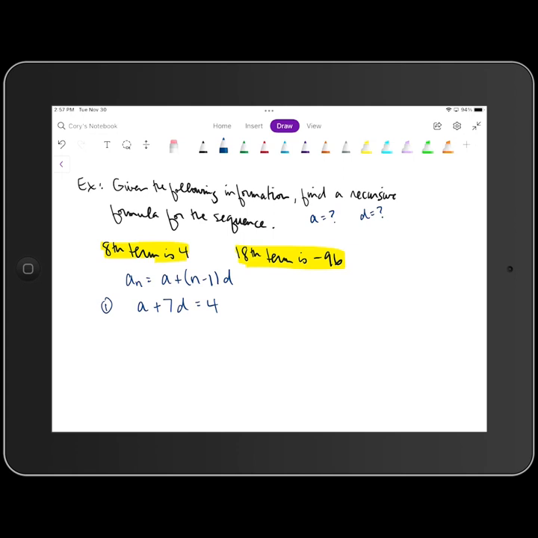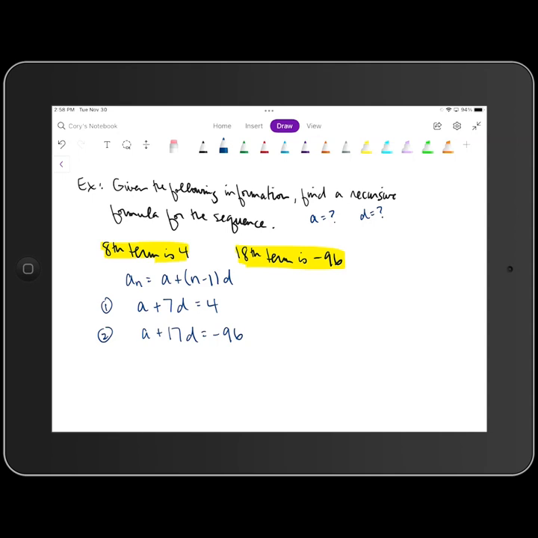If we take the second highlighted statement in yellow, the 18th term is negative 96, I can plug that into the equation as well. We don't know what A is, so we have A plus, when I plug 18 in place of n, 18 minus 1 is 17, D, equal to negative 96. And that is the second equation in the system of equations.